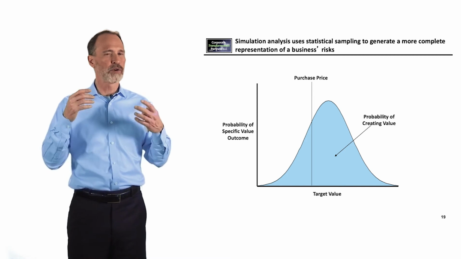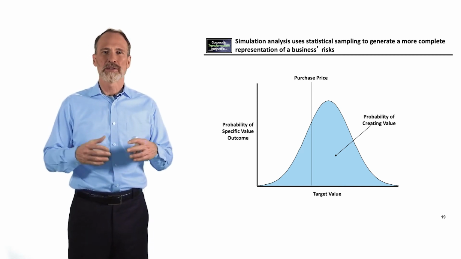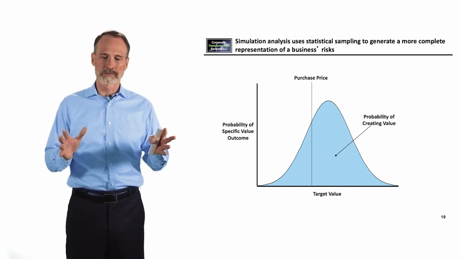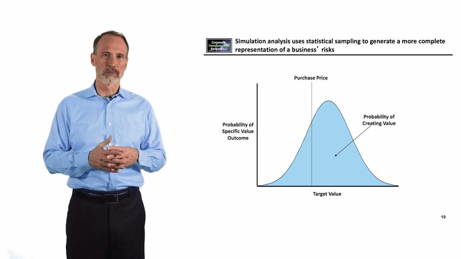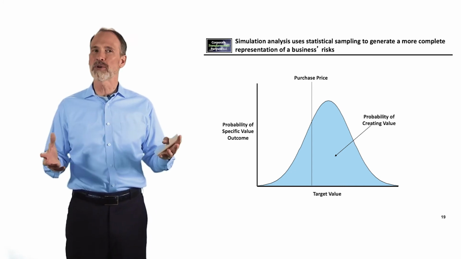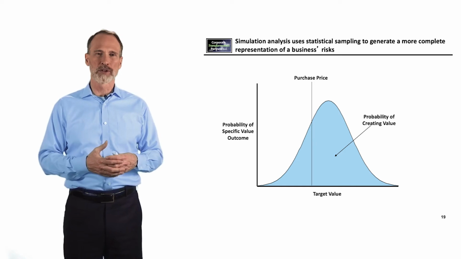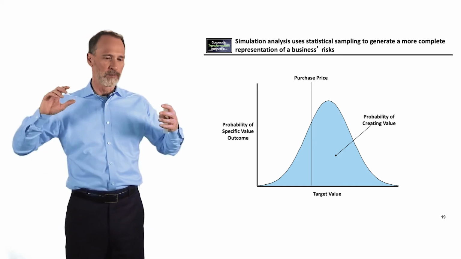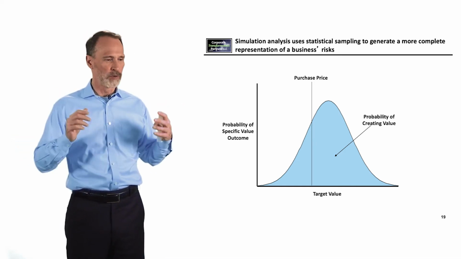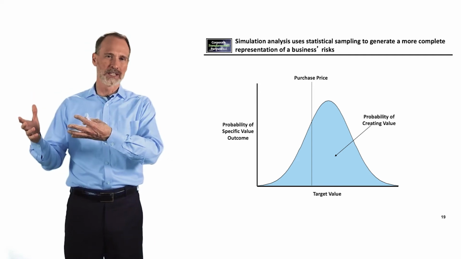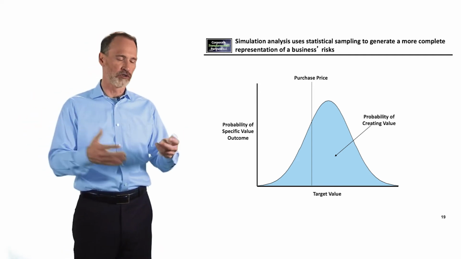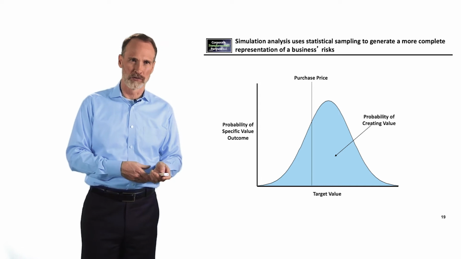So this is actually a really, really powerful tool, and there's a range of computer software products available that will allow you to do this really quite easily. My personal favorite is one called Crystal Ball. It's basically an add-in to Excel. You put it in there, you can enter any distributions, and it does the sampling and generates these value probability distributions.